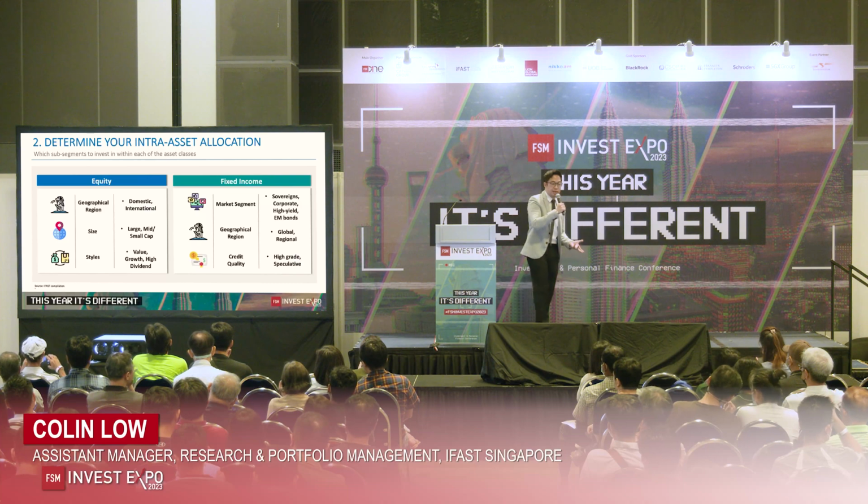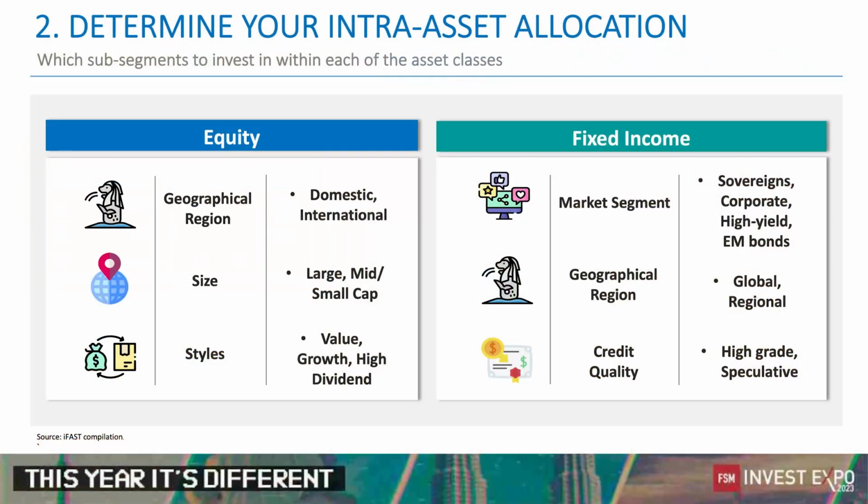And in the second step, which is the intra-asset allocation, we believe investors need to decide which subsegments to invest in within each of the asset classes. So the purpose of this is very simple. It is to enhance portfolio diversification and for the investors to express more granular views within the asset class. So there are multiple ways to segment an asset class further.